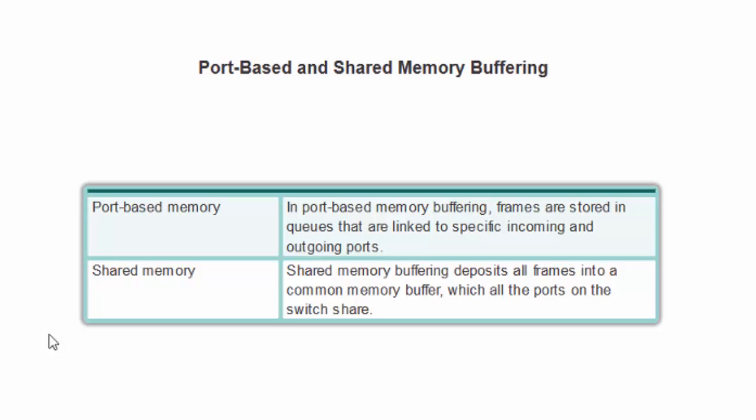So the switch architecture uses two types of memory to store the frame. One architecture of the switch uses what we call port-based memory. In port-based memory, the switch uses a separate buffer on each input port to store the incoming frames, and the buffer in that case will use queues.